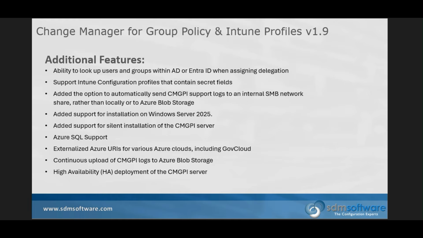We've added support for the installation on Windows Server 2025 and also added support for silent installation of the CMGPI server. Version 1.8 also brought us Azure SQL support, externalized Azure URIs for various Azure clouds, including government cloud, continuous upload of CMGPI logs to Azure blob storage, as well as high availability deployment of the CMGPI server.